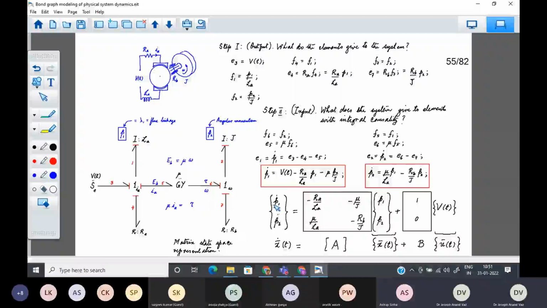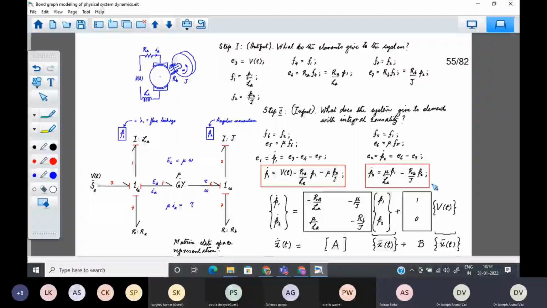So let's now write this first equation in terms of this matrix form. We have P1 dot equal to V of t, that is 1 into V of t, minus RA by LA into P1, minus mu upon J into P2. So you see the first row of this matrix has been determined.